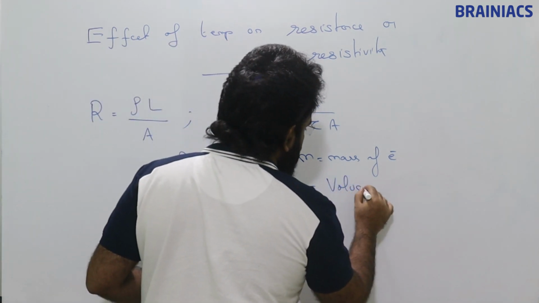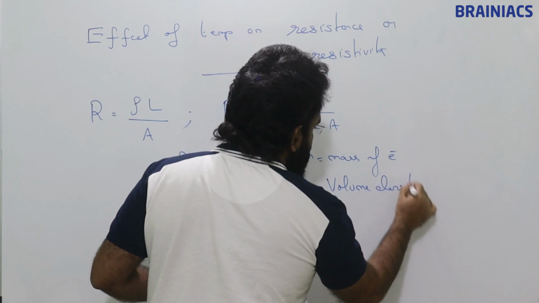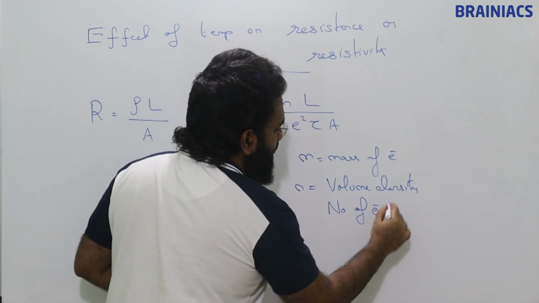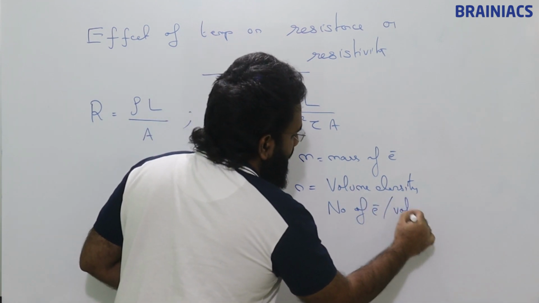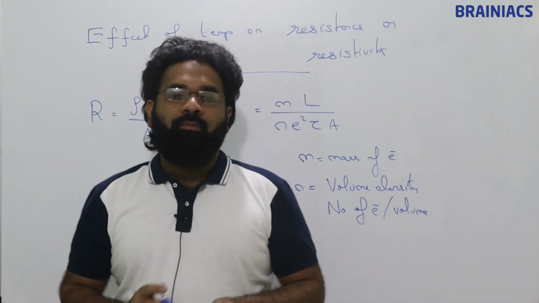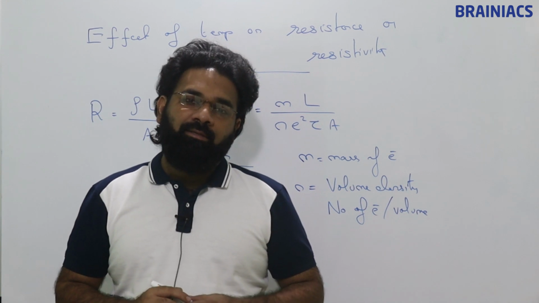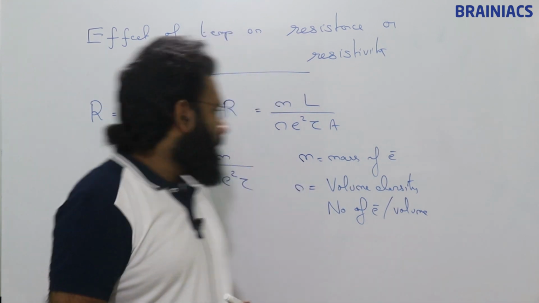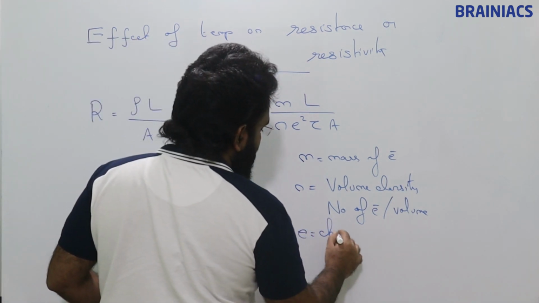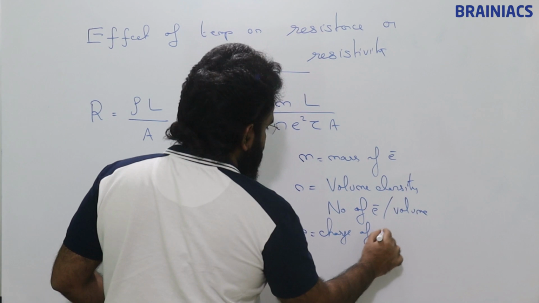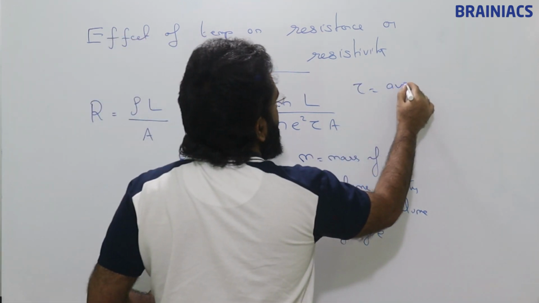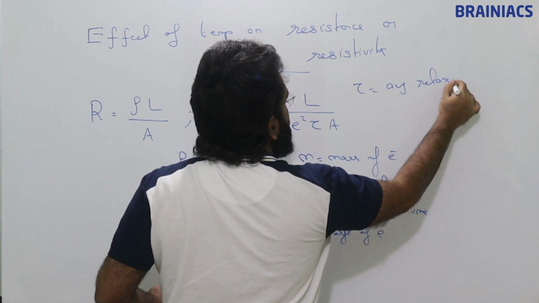Volume density, or we can say number of electrons per unit volume. That is number density. Then E is charge of electron, and tau is average relaxation time.